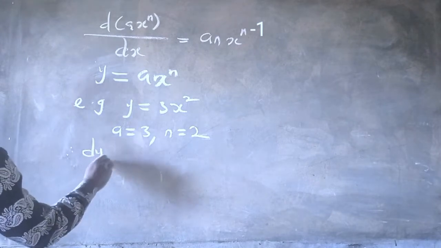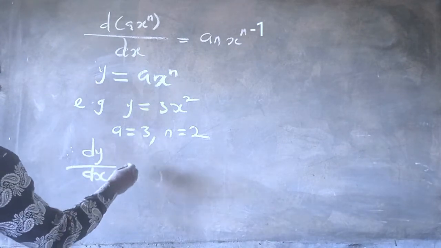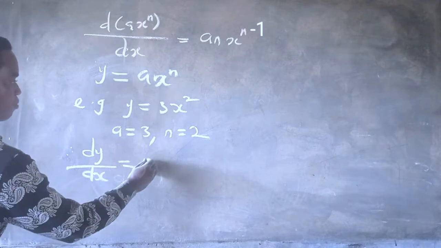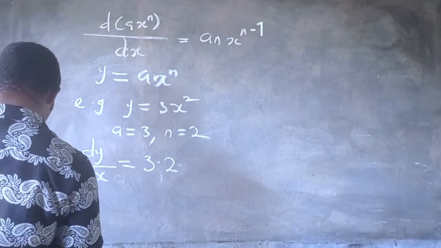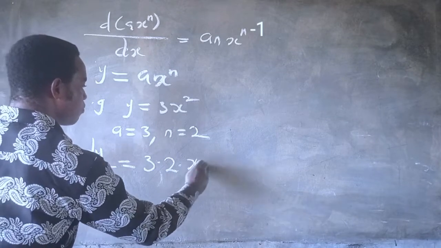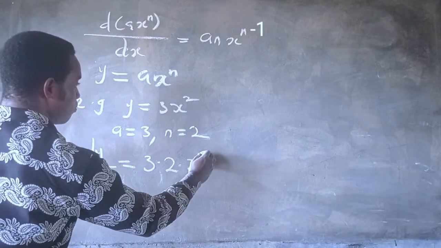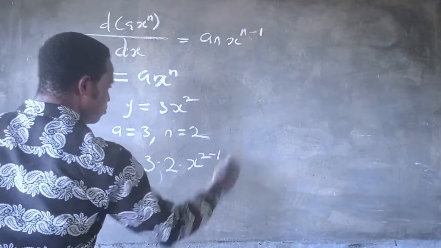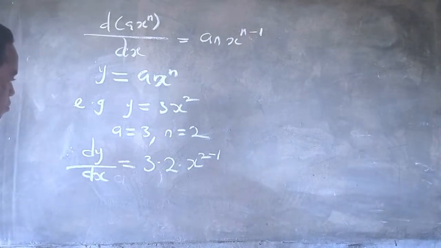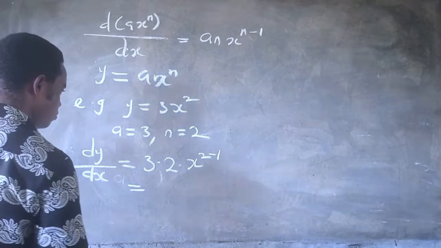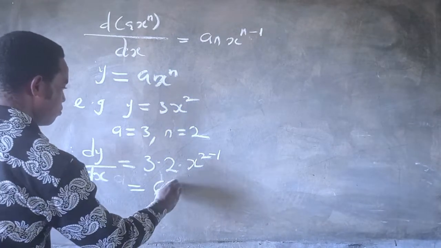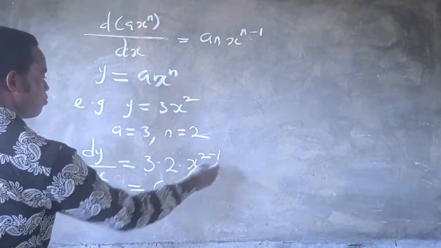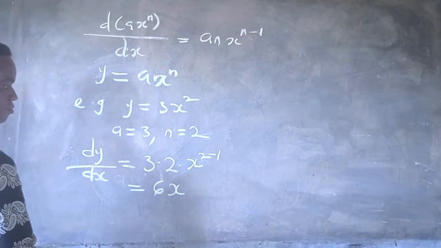So therefore, what is the differential coefficient of y with respect to x? That is going to be 3 multiplied by 2, which is the power, and multiplied by x raised to the power 2 minus 1. If you can see, we simply replicate the formula up there and we plug the values in. 3 times 2 is 6. 2 minus 1 is 1.